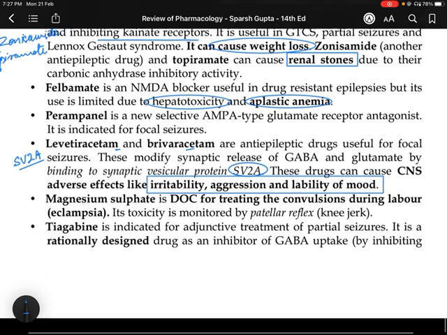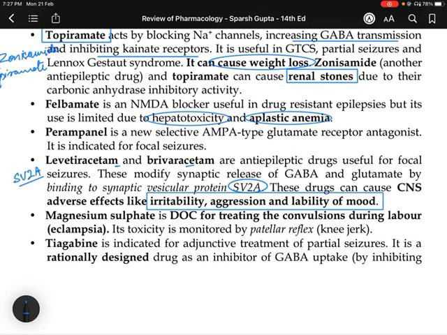Magnesium sulfate is used for treating the convulsions during labor. Its toxicity is monitored by patellar reflex. Very weird drugs, levetiracetam and brivaracetam.